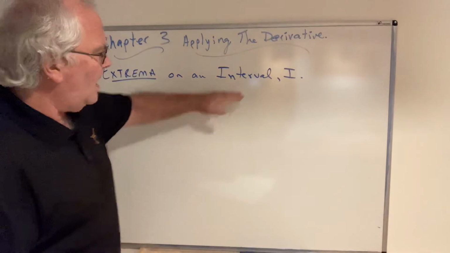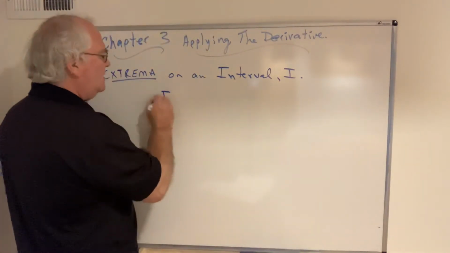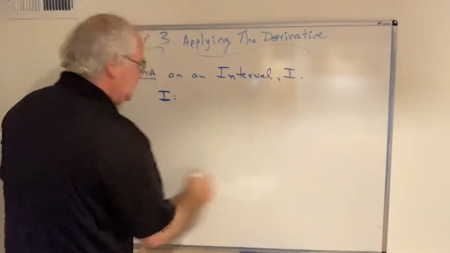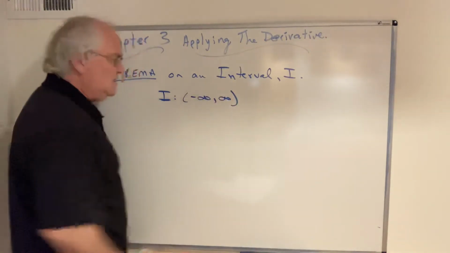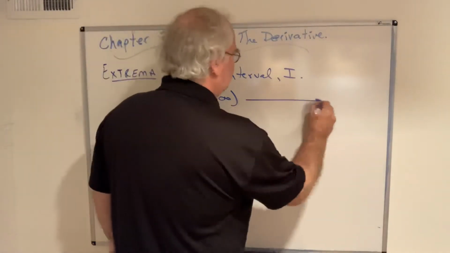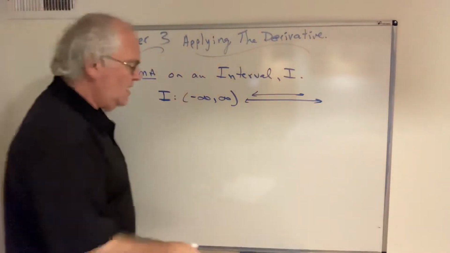So, the types of intervals we could have, so I, the interval, could be, and these are all these different varieties. Well, one possible interval is the entire x-axis. And so if we're going to draw a picture of this, it would be the entire x-axis. There is no exclusion.